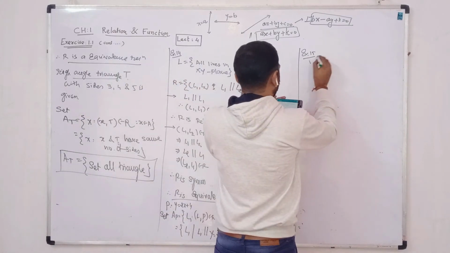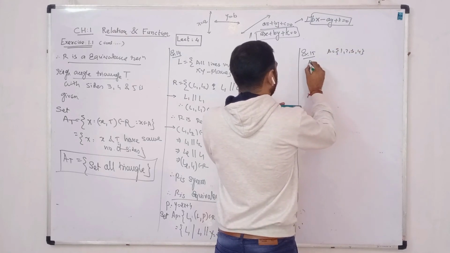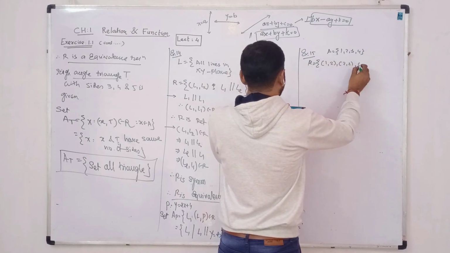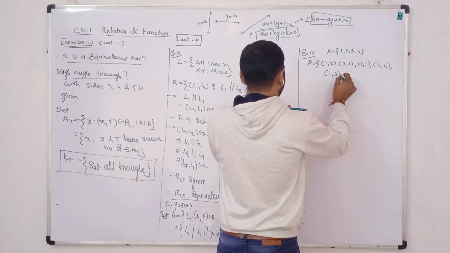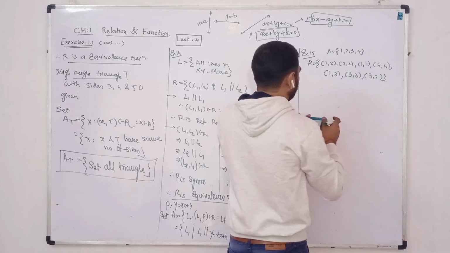Set A is given as 1, 2, 3 and 4, and relation R is given as (1,2), (2,2), (1,1), (4,4), (1,3), (3,3), (3,2). Choose the correct answer.